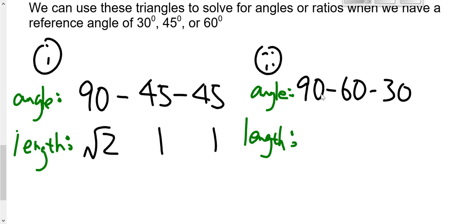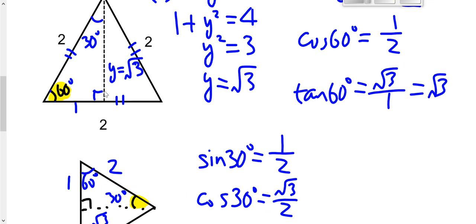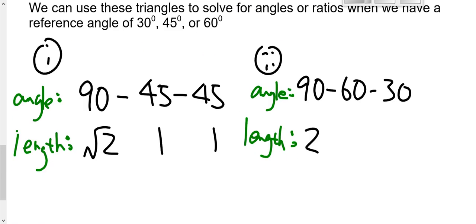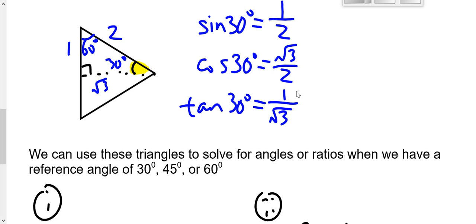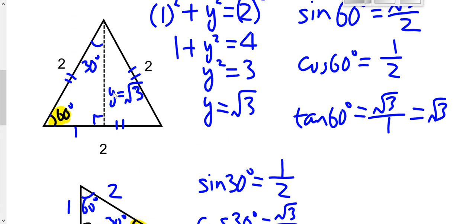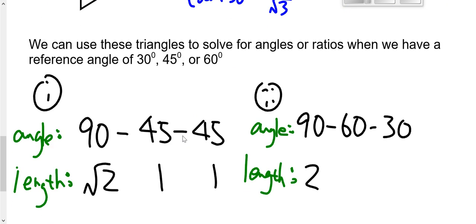Now this one, 90, 60, 30. The side opposite to the 90 degree has a length of 2. The side opposite to the 60 degree, it doesn't matter which one you look at, is root 3. Same thing here, 60, root 3.